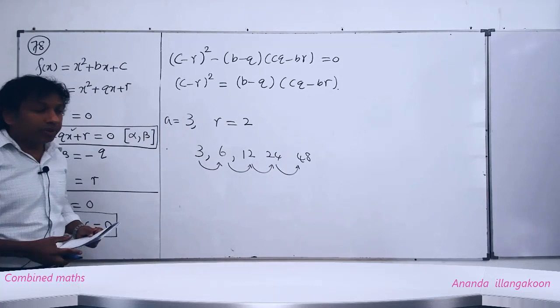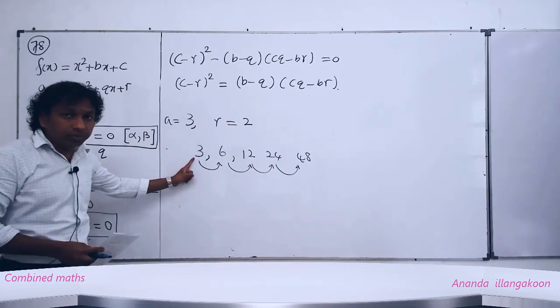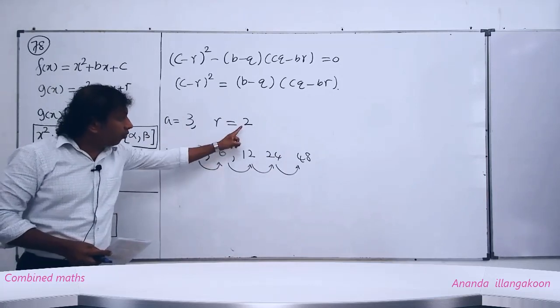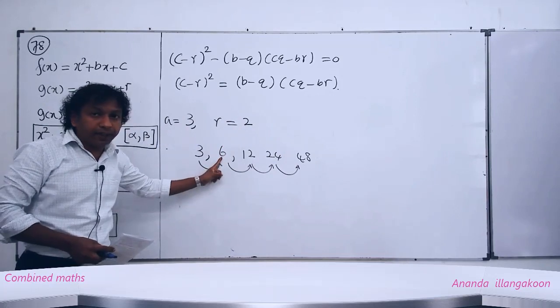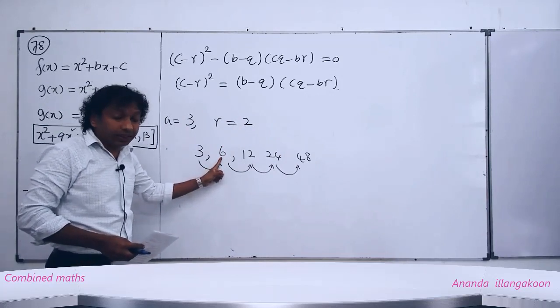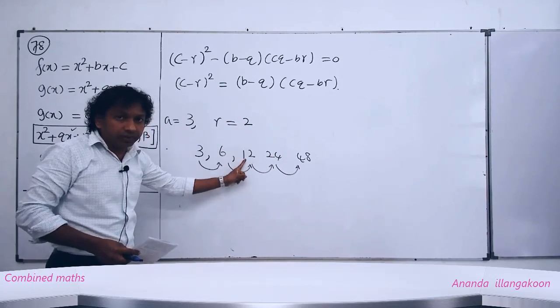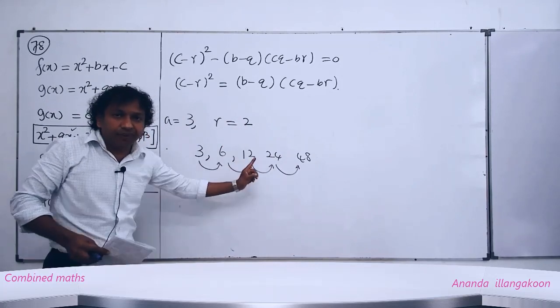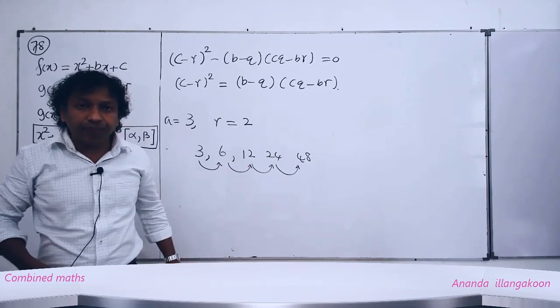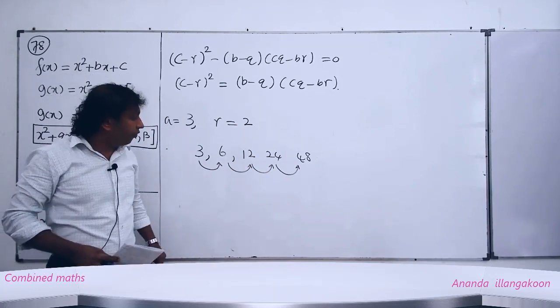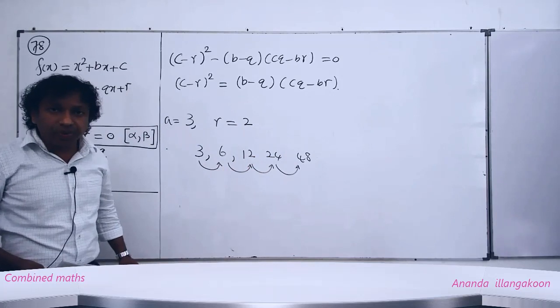Right, people? Like that, 3 first term, multiply the first term by the common ratio, we get the second term. Second one multiplied by the common ratio, we get the third term. And so on, we can generate a progression. That progression only, people, we define as geometric progression.